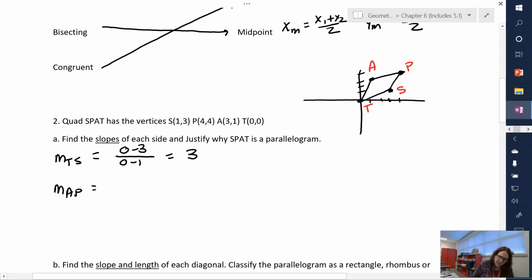And now let's look at AP from A to P. So from A to P, I have a 1 minus 4 over 3 minus 4, which gives me a negative 3 over negative 1, which is also 3. So therefore, I can say that AP and TS are parallel.